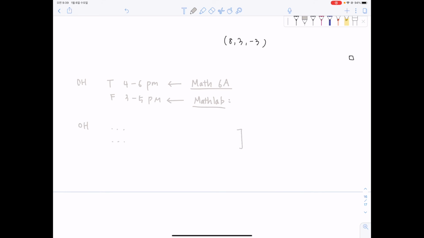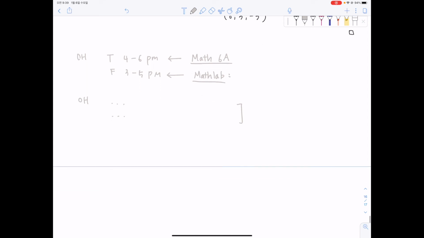And also there is an office hour from the professor, so you can also ask questions. If your schedule conflicts with these office hours, then you can use the math lab. In this math lab, all graduate students collaborate, so you can ask questions to graduate students. They can answer the questions from Math 6A.